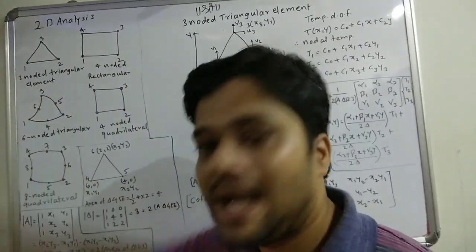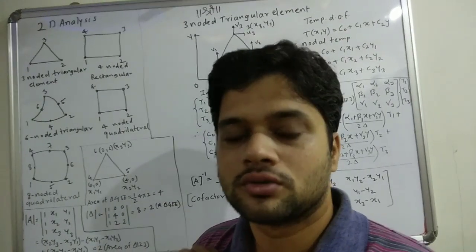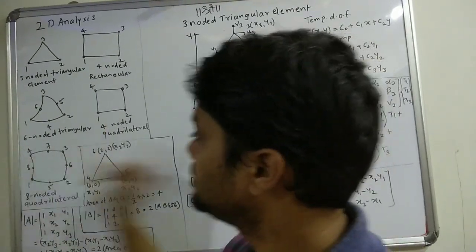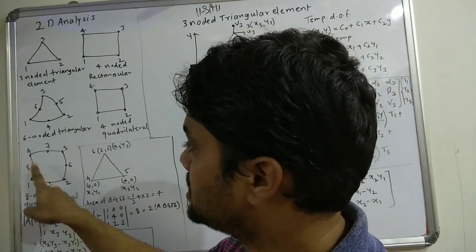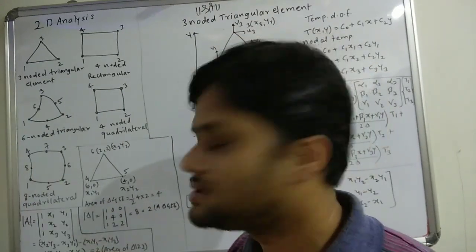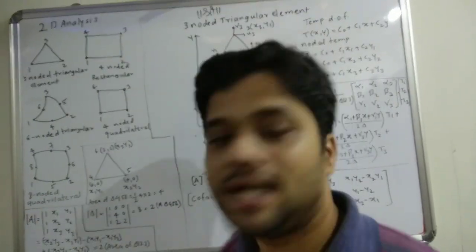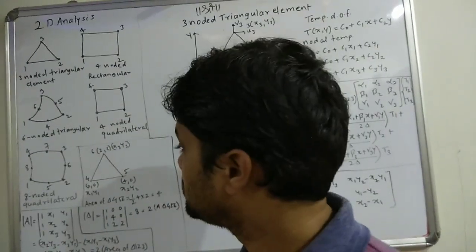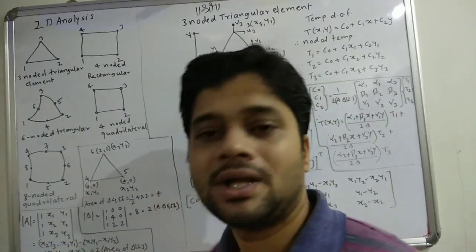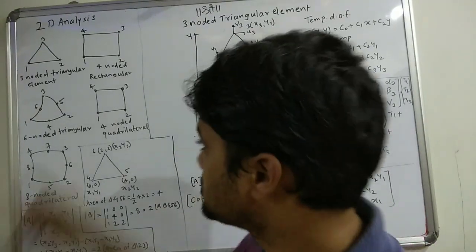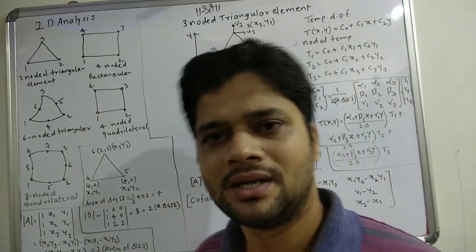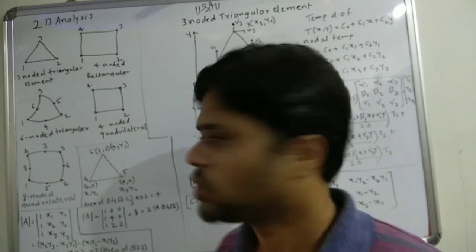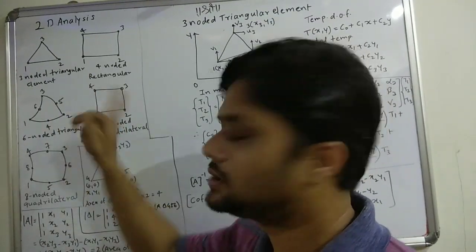And when I add extra nodes on the edges, the nature of the element changes, and it becomes an 8-noded quadrilateral, and the nature becomes quadratic. So the 4-noded quadrilateral is still of linear nature, because along the edge it has only 2 nodes.